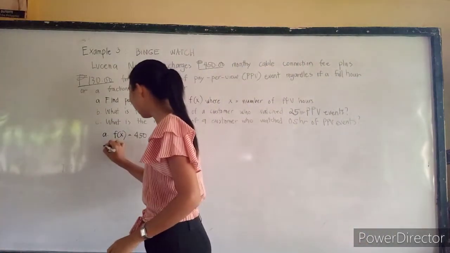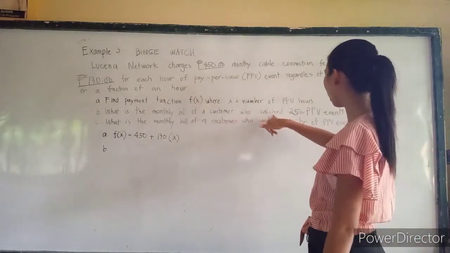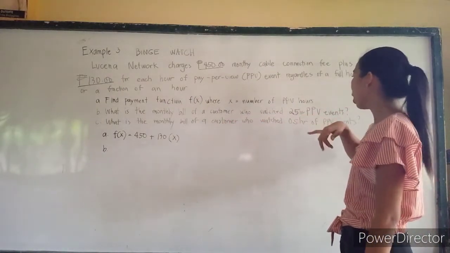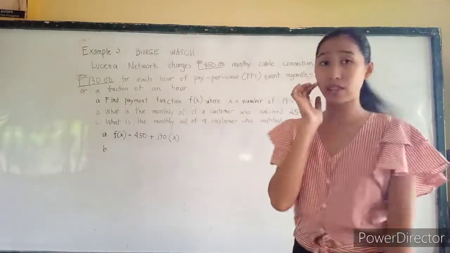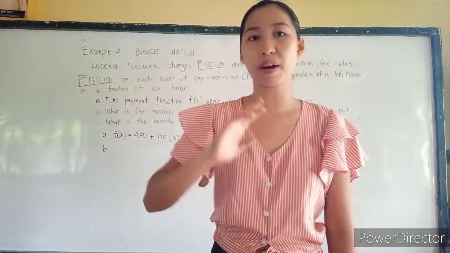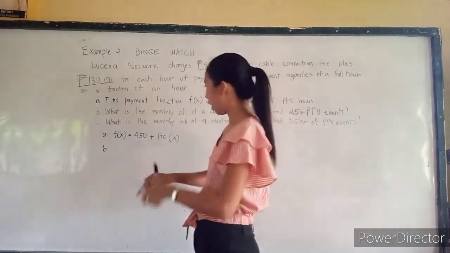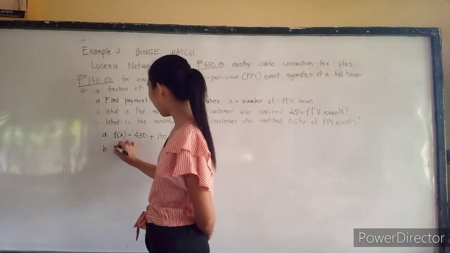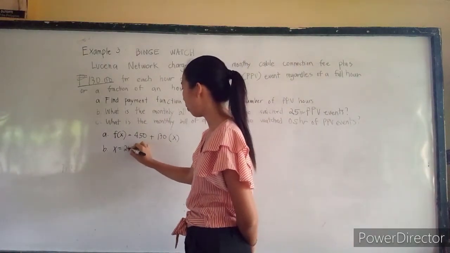Let's proceed. For letter B, what is the monthly bill of a customer who watched 24 hours of PPV events? Or 25 rather. So a customer watched 25 hours of pay-per-view events. How much will they pay for that month? So what we will do is put x as 25 hours.